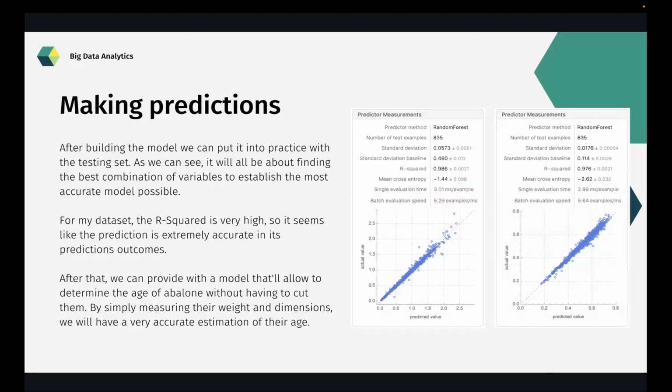After building the model, we can actually put it into practice with the testing set, and it will all be about finding the best combination of variables to establish the most accurate model possible. Here, it seems like the model is very good at what it's doing because it's fitting the data very well, and the predictions are very, very accurate.